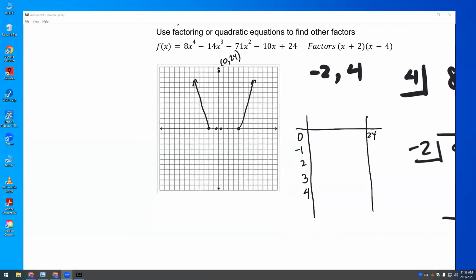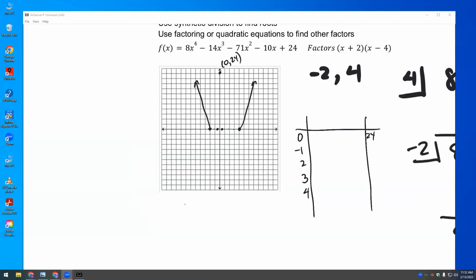So let me do this over here. 8, -1 to the 4th power minus 14, -1 to the 3rd power minus 71, -1 to the 2nd power minus 10, -1 plus 24. This is what? -1 to the 4th power is 1. This is 8.